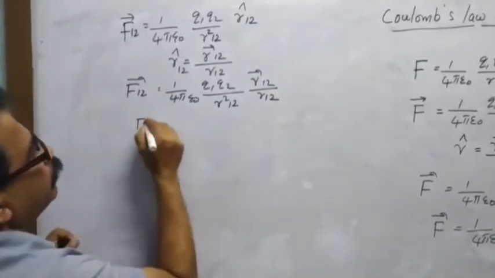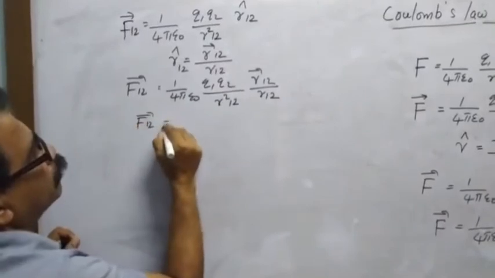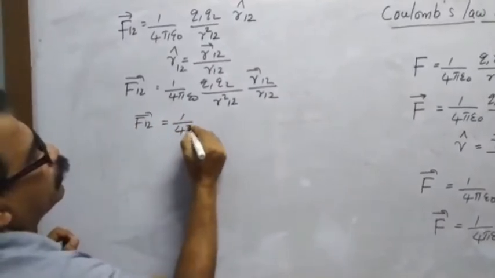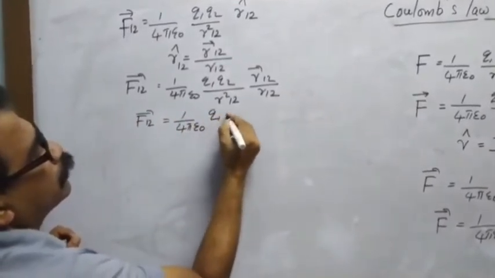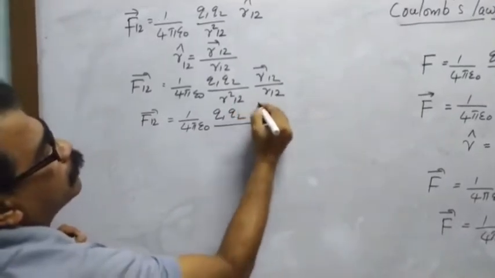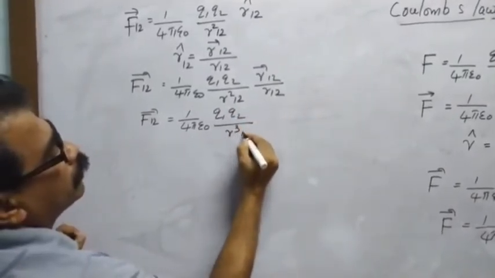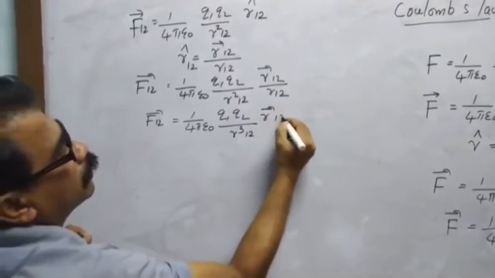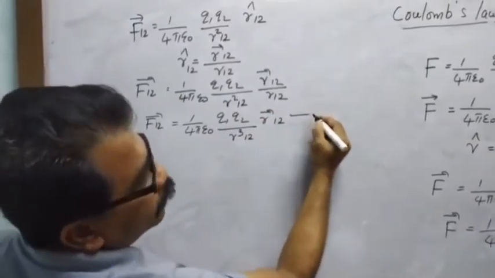By simplifying, F12 equal to 1 by 4 pi epsilon 0 Q1 Q2 by R cube 12 into vector R12, equation number 8.